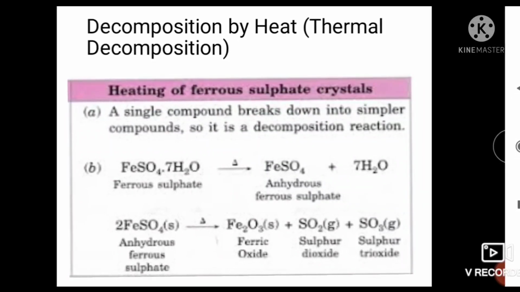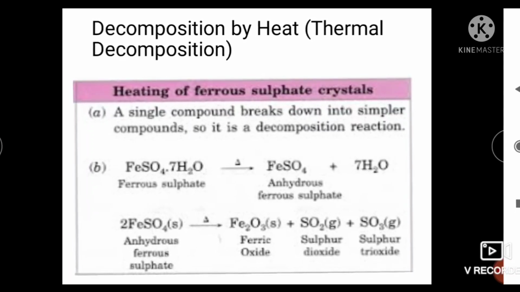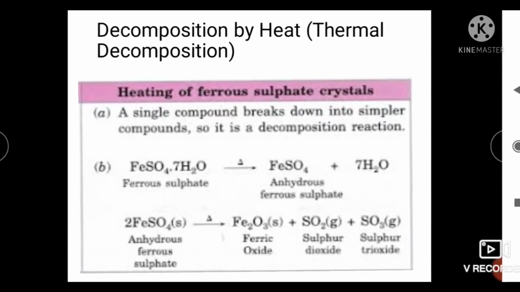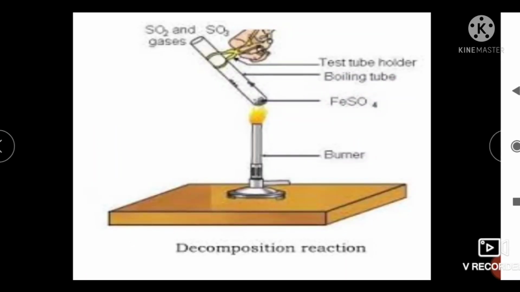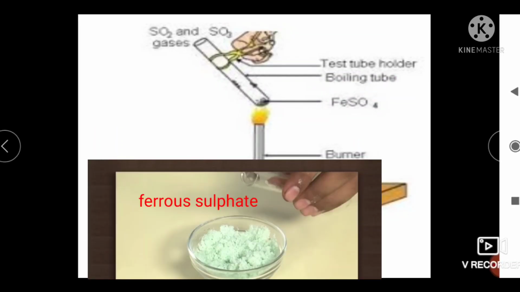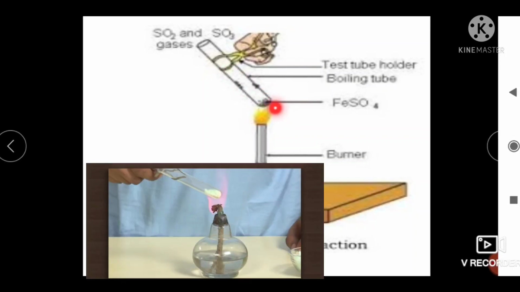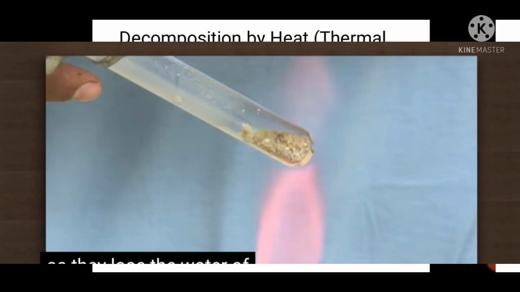If a decomposition reaction takes place by the absorption of heat, we call it thermal decomposition. An example is the heating of ferrous sulfate crystals. In this reaction, a few crystals of ferrous sulfate, which are green in color, are taken in a dry test tube and heated over the flame of a burner. Initially, a white dirty residue is obtained.